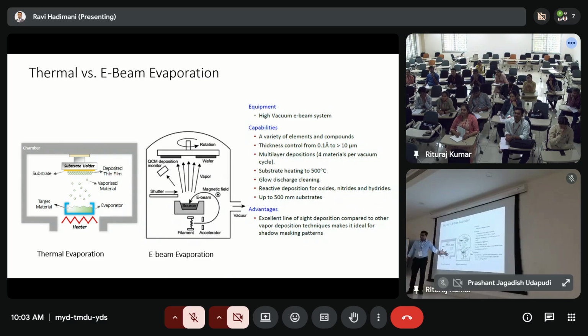In a vacuum, the atoms take off because of diffusion. There is no density here, it's vacuum, so they try to take off. Then you put a substrate right above the target, and you get deposition. This is thermal evaporation.